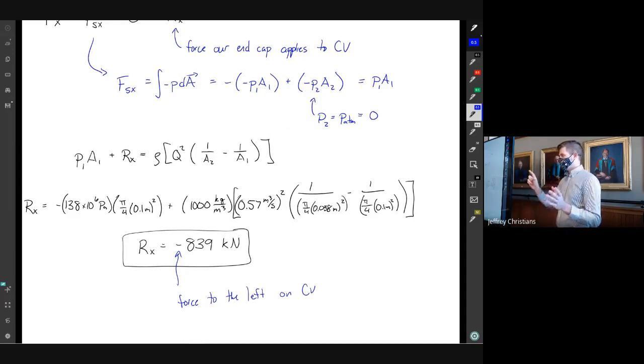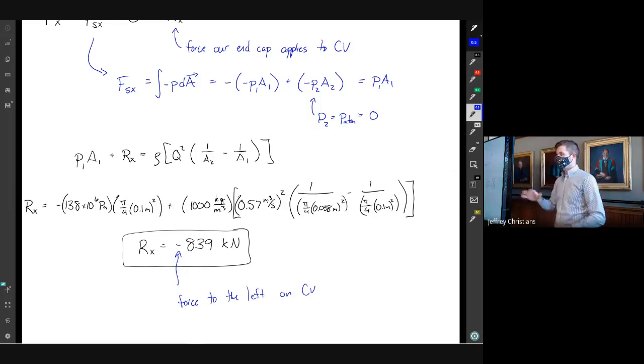For every action there's an equal and opposite reaction. So there's a force on me, the fluid, of 839 kilonewtons to the left, or I am exerting a force on the end cap of 839 kilonewtons to the right. So I'm pushing to the right, but the thing is pushing on me to the left.